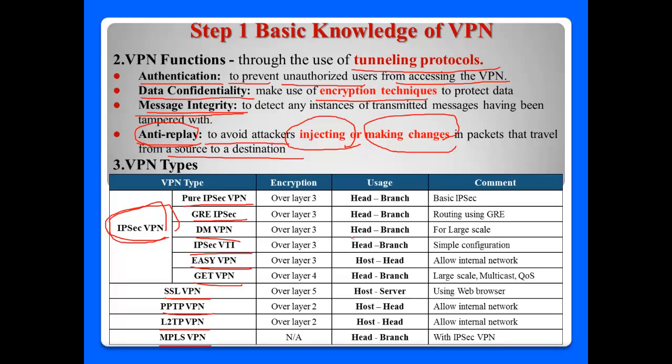Normally this kind of VPN can be used between head office and branch office. OpenVPN normally belongs to SSL VPN, so this can be implemented over layer 5. And this normally can be used between host and server. For the connection, normally you can use a web browser.